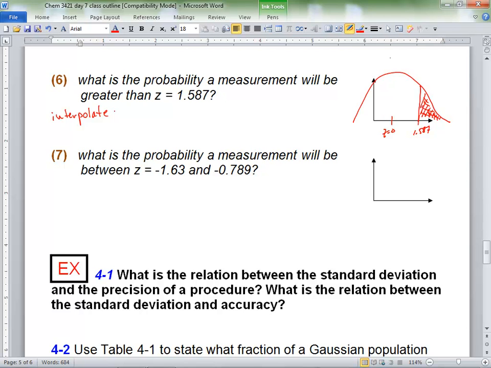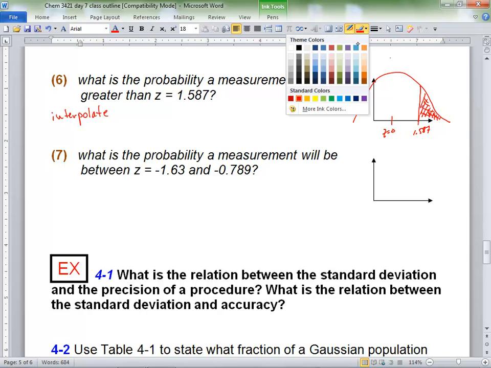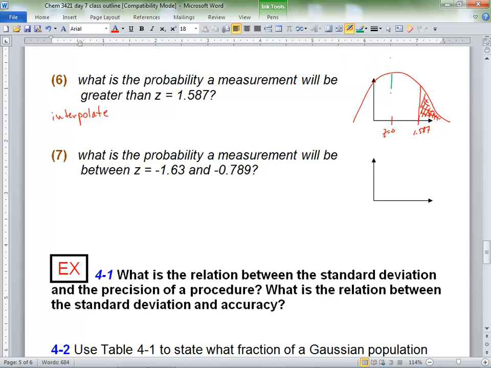It's not even in the table. So what we have to do is interpolate between 1.587 and 0. We need to get the area in green. Let's get the area in green, and then do what? Subtract from 0.5. Get the area in green, then subtract from 0.5.